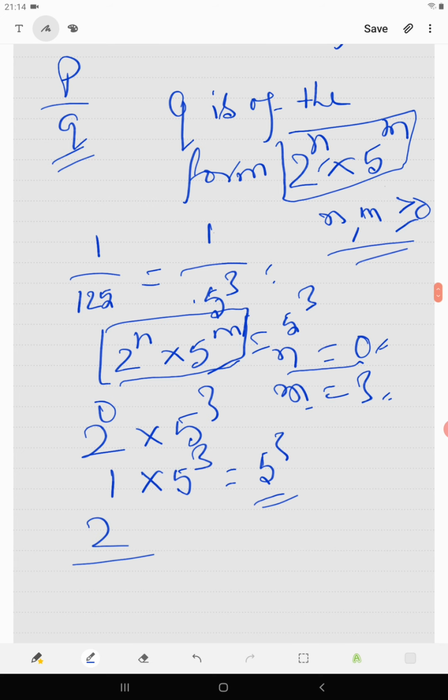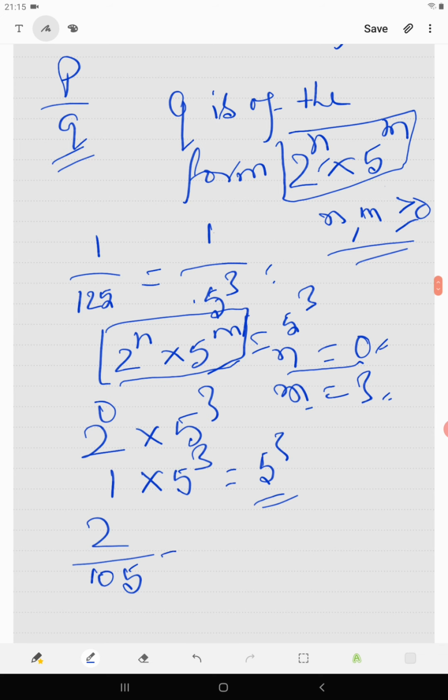Suppose 2 by 3 into 5, so suppose 2 by 105 is there.